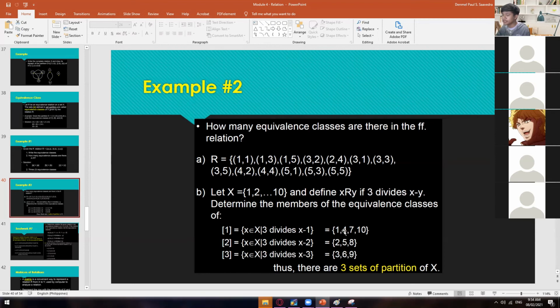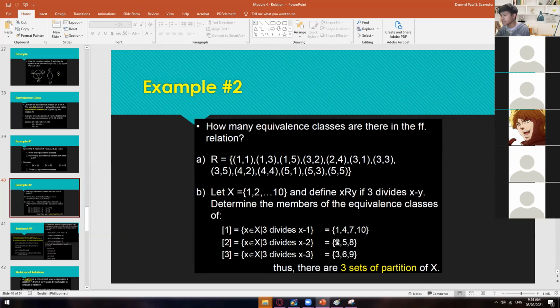So as you can see right here, we just get the list of x under this condition. The same with this one, list of x under this condition, and then list of x under this condition. So in total, we have come up with 3 classes: 1, 4, 7, 10, then 2, 5, 8, and then 3, 6, 9.